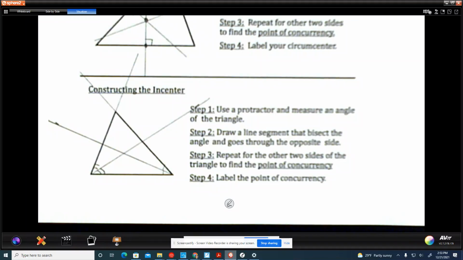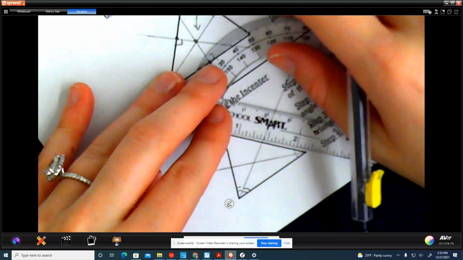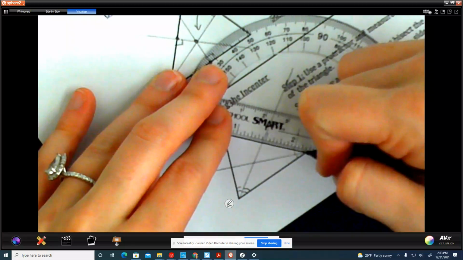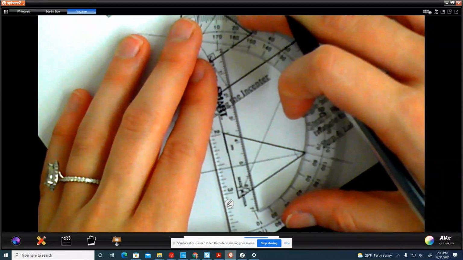All right, top angle is the last one. So I'm gonna have to twist my paper a little bit here. Maybe I'll extend this side. Line it up here.